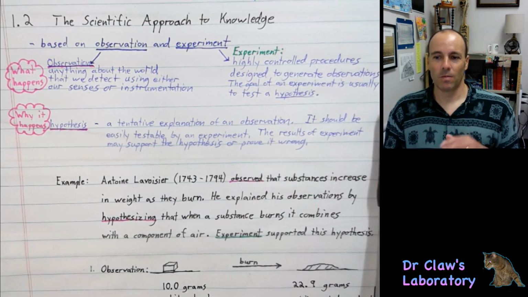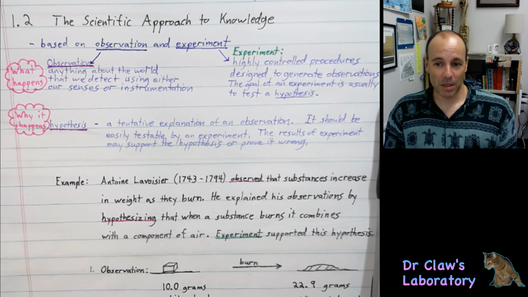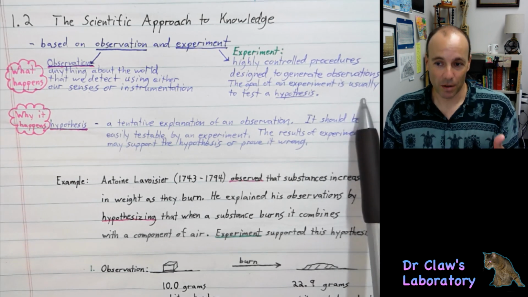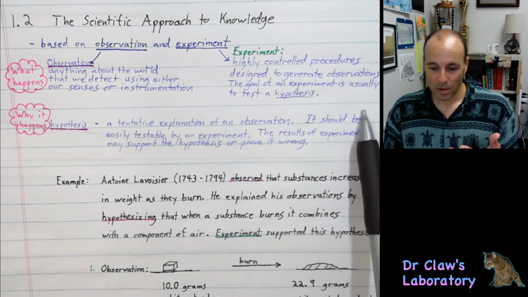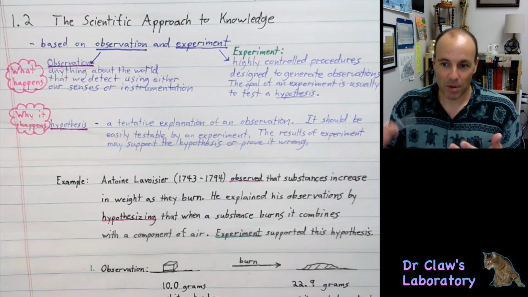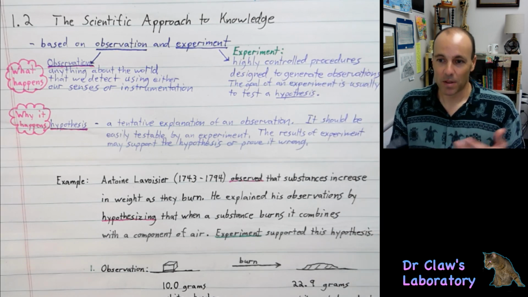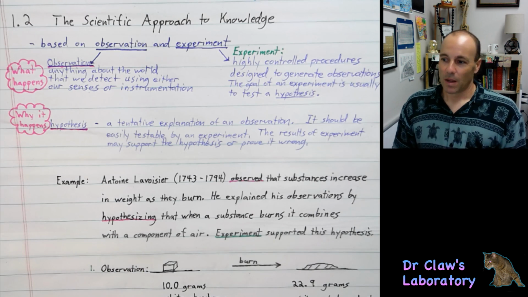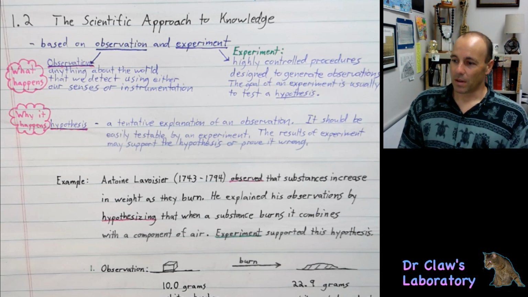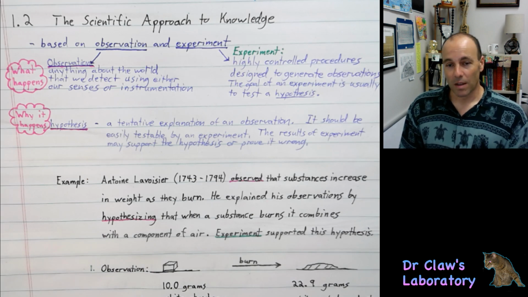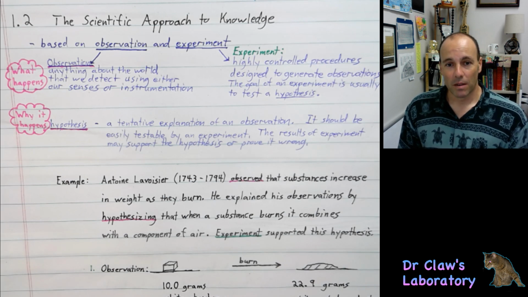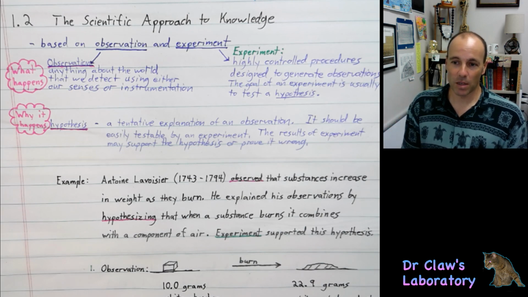Okay, so if you see something happen in nature and you want to learn about it, well, then you do experiments so you can generate lots of observations. For instance, suppose you're looking at the leaves on a tree in the fall, and you see that they will typically turn yellow around the month of October, and then they will eventually fall off the tree down to the ground.